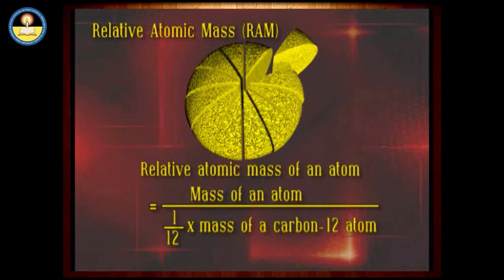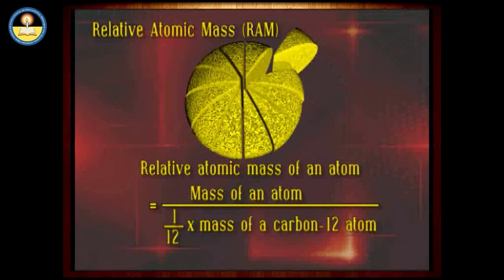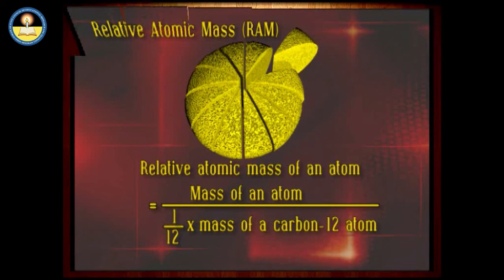This means that the relative atomic mass of an atom is equal to the mass of the atom divided by 1/12th the mass of a carbon-12 atom. This means that atomic mass is the average relative mass of an element's naturally occurring atoms on a scale that uses atoms of carbon-12 as reference.